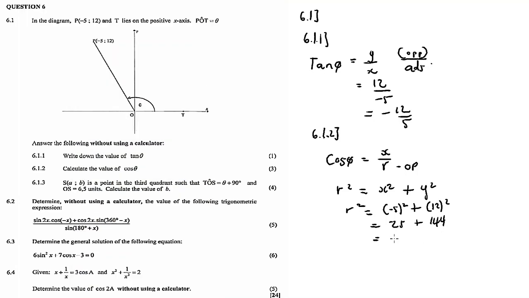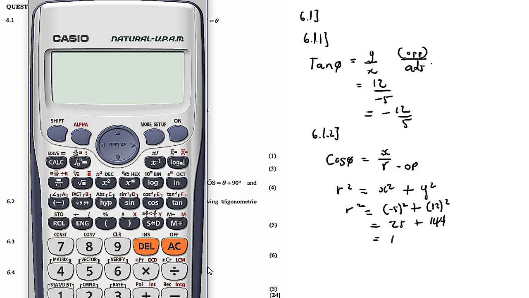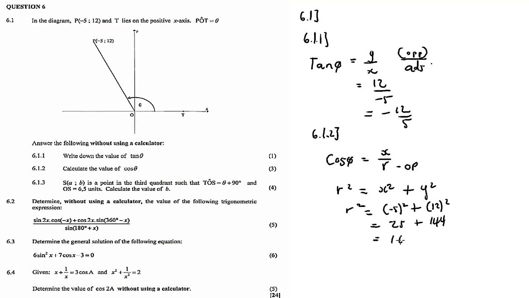Okay, so 144 plus 25 is 169. So basically when they say without using a calculator, it means you must not take your calculator and punch everything in here, right? So this is r squared, we must square root both sides, and then the value for r is equal to 13.